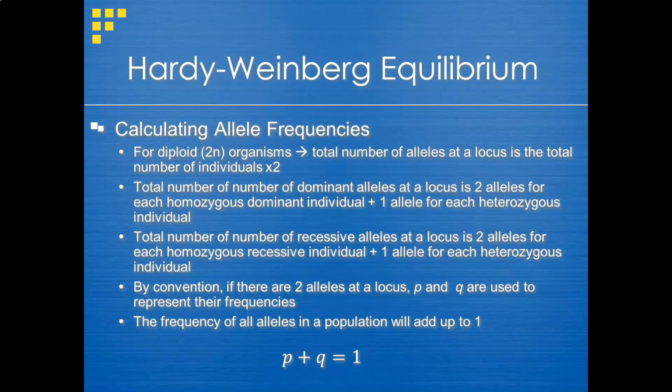So the number of alleles at each locus is the total number of individuals times 2 at the population level. If I have 10 individuals, then I have 20 alleles for that trait in the population.